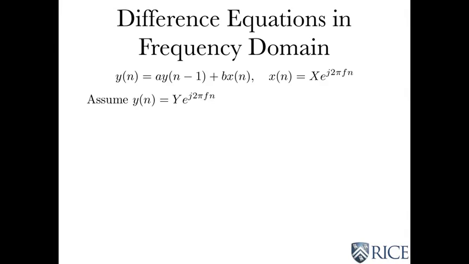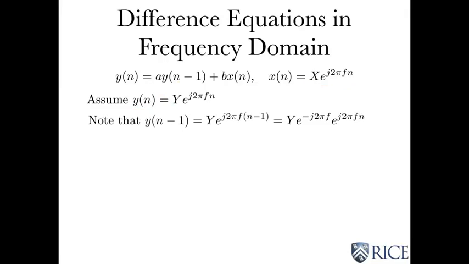And we're going to assume that the output has the same form, complex exponential in, complex exponential out, and we're going to see if this assumption is correct by seeing if we can determine an output amplitude that will satisfy the difference equation.